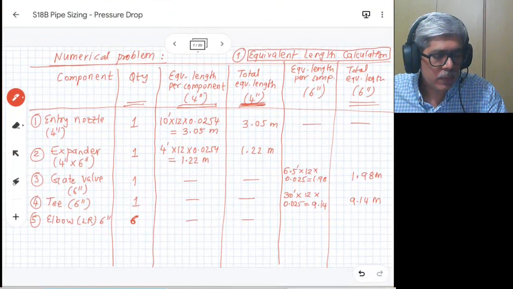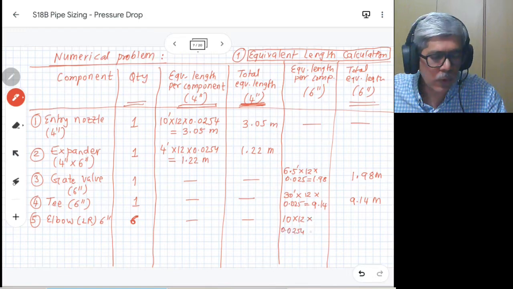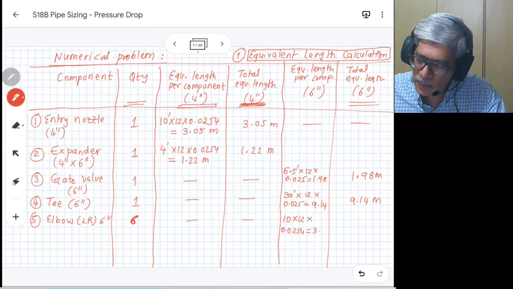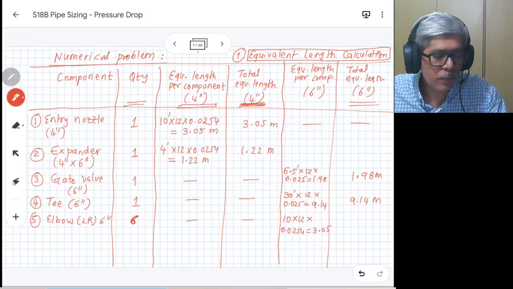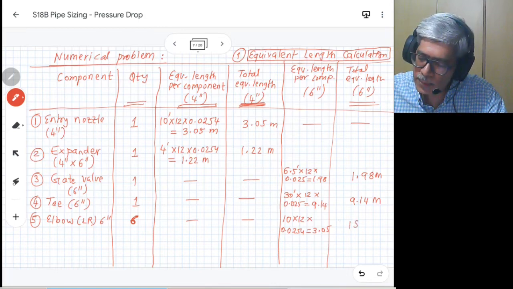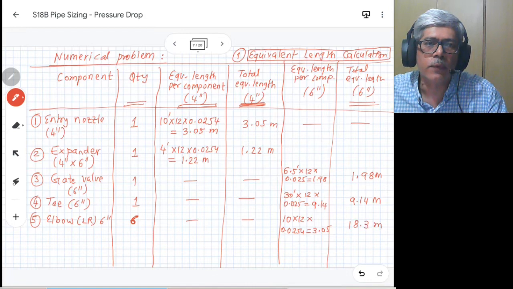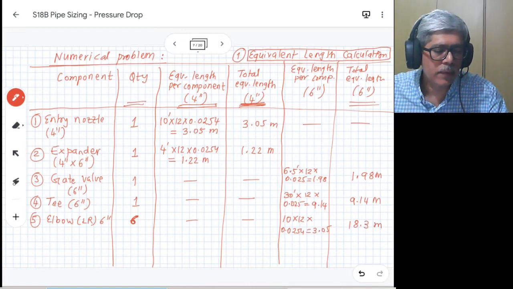So for the LR elbow, per elbow it is 10 feet multiplied by 12 multiplied by 0.0254. That gives us 3.05 meters multiplied by 6. The total length is 18.3 meters. So we know that all the 6 elbows account for 18.3 meters of length.